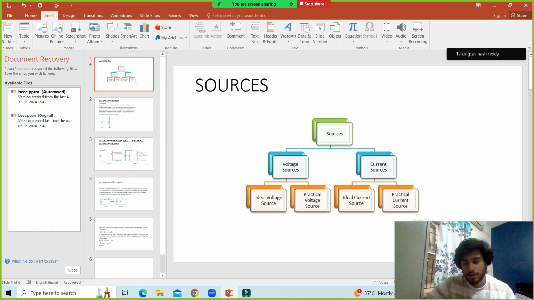Practically it is not obtained. A voltage source which has some internal resistance is called a practical voltage source, due to which there will be a voltage drop, and a resistor is connected in series with the voltage source. That is termed a practical voltage source.